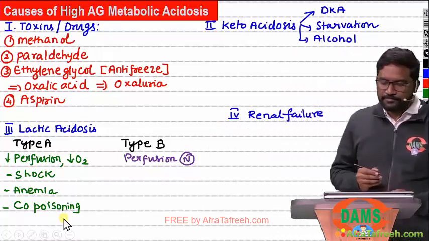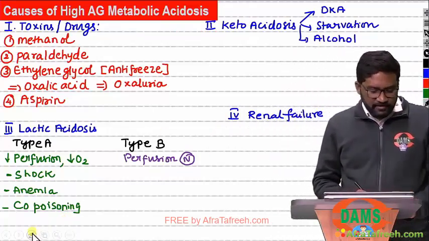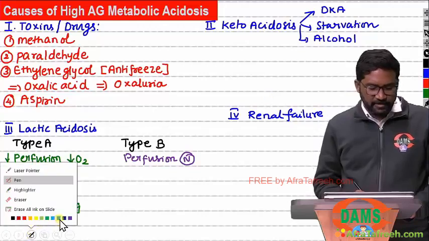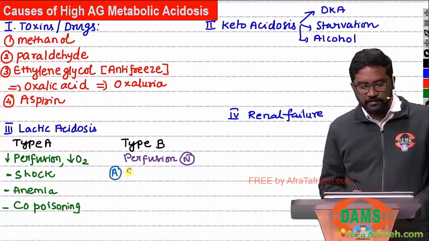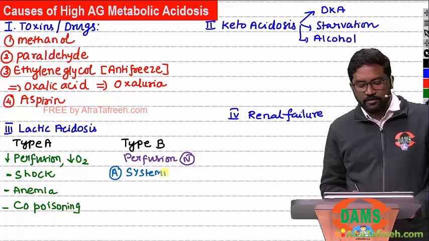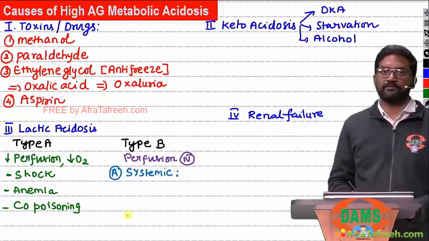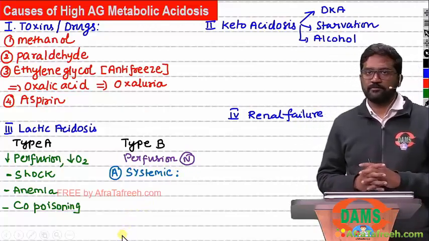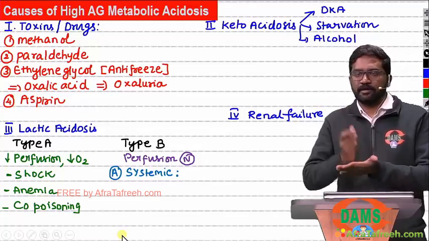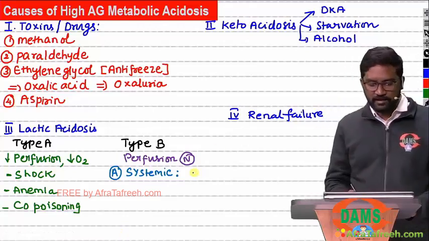Now coming to type B lactic acidosis, it is further divided into a systemic cause. So what are the systems dealing with lactic acidosis? First you need to know. Number 1 system is your liver. Liver breaks down excess lactic acid.